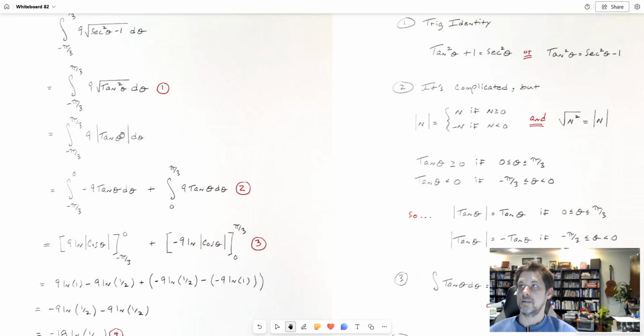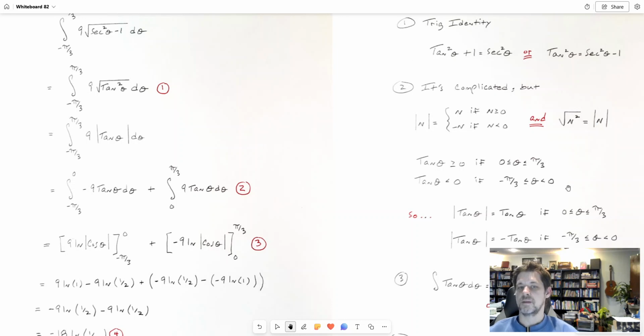Tangent is positive in quadrants 1 or 3. It's negative in quadrants 2 or 4. With regard to the bounds of this integral, tangent's positive if the angle is from 0 to pi over 3, which puts me in quadrant 1. And it would be negative if the angle is from negative pi over 3 to 0, which puts me in quadrant 4. So that gives me some way to predict it.